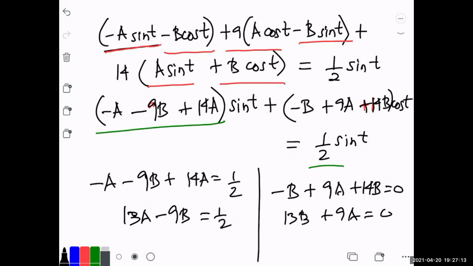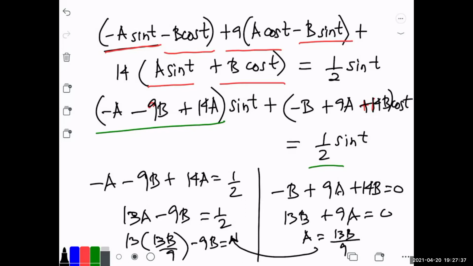So let's try to get a in terms of b on this one. So a would be equal to negative 13b over 9, right? And then let's substitute it in this equation, I mean. So 13 times negative 13b over 9 minus 9b equals 1 half.